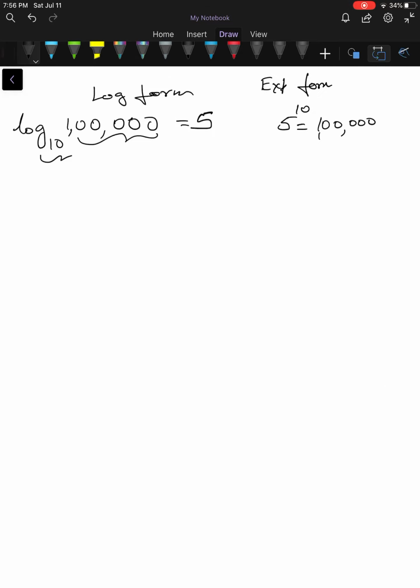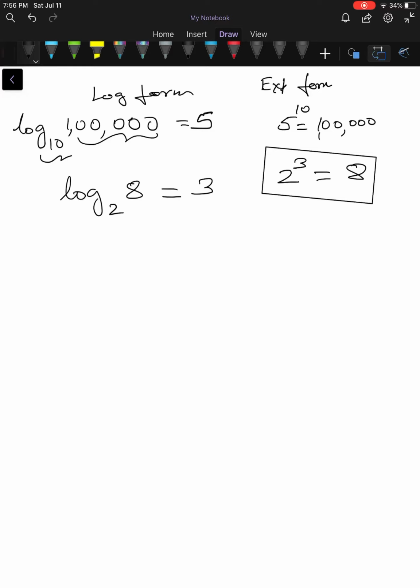The same thing applies to log base 2 of 8. Since 2 to the power 3 is 8, the definition is applied and you can see it is true, because 2 cubed is 8.